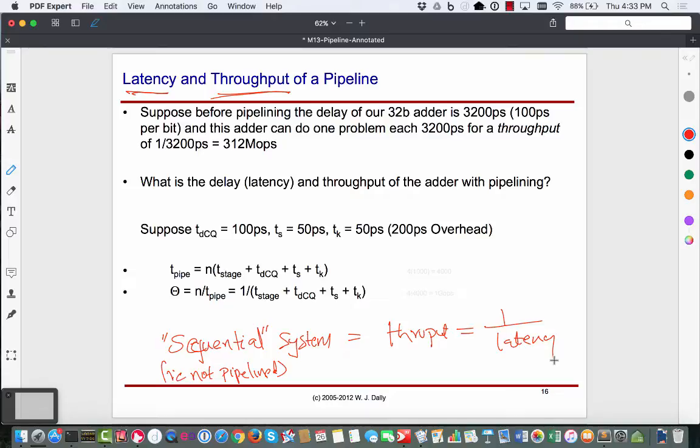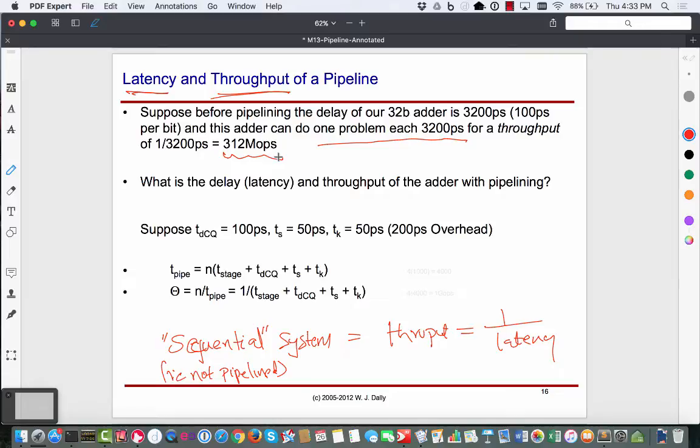So let's imagine that before pipelining, the delay of our 32-bit adder was 3200 picoseconds. In that case, the adder could solve one problem each 3200 picoseconds, which means it can do roughly 312 mega operations per second, million operations per second.